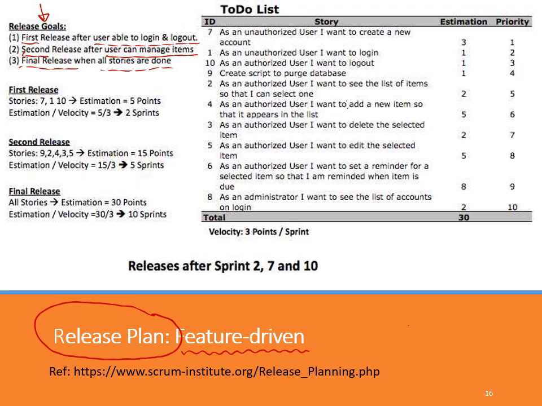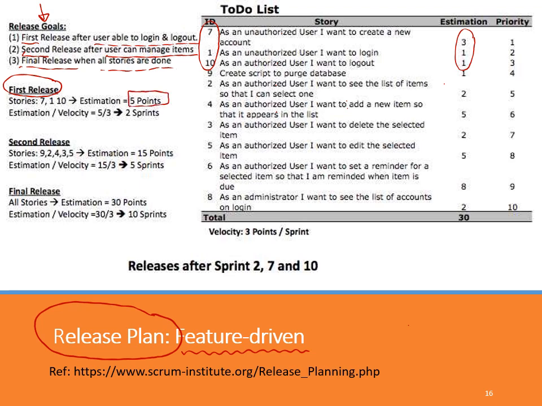So for the first release, let's look here. The first release focuses on login and logout, and it involves three user stories: story number 7, 1, and 10. These three stories have 3 effort points estimated, that is altogether 5 effort points.